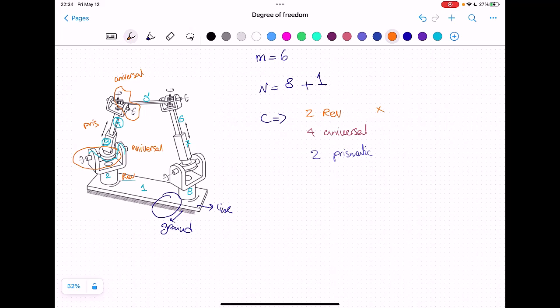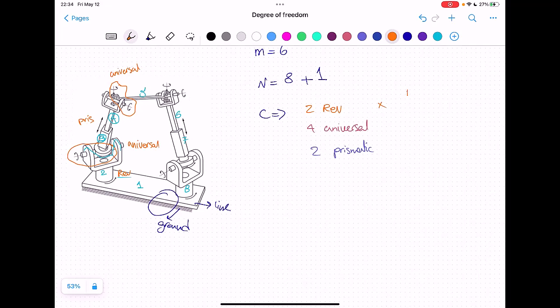But here we have a spatial workspace, so our revolute joint gives us 1 degree of freedom and limits us in another 5 degrees of freedom. And a universal joint here limits us in 4 degrees of freedom, and a prismatic joint limits us in 5 degrees of freedom.